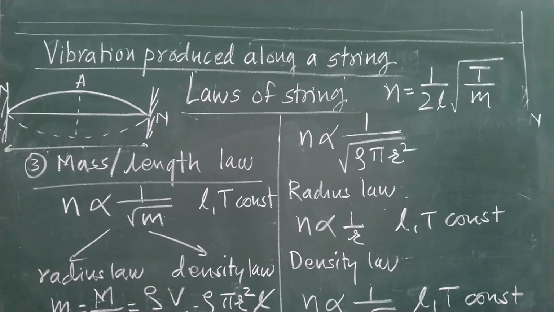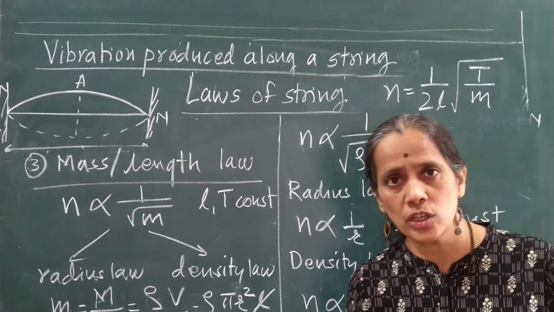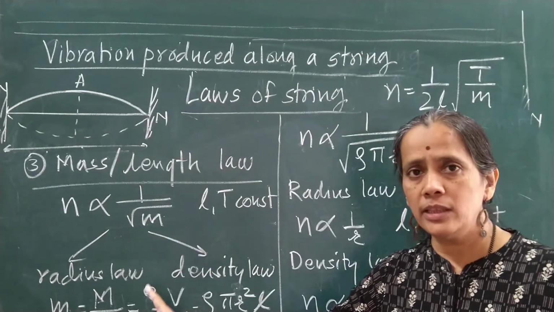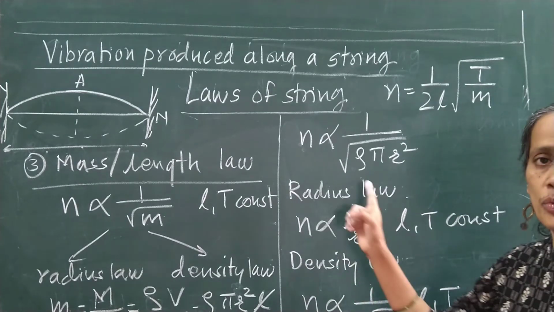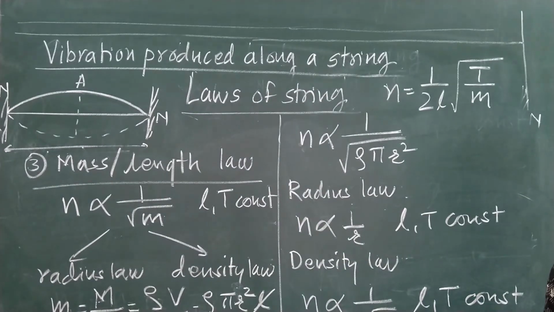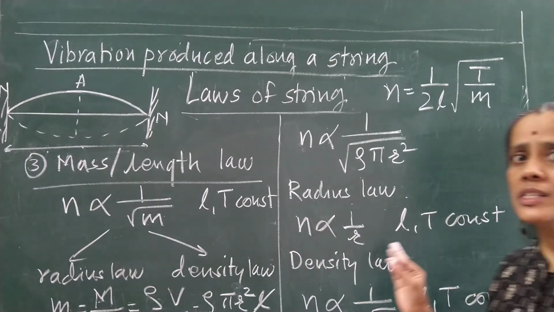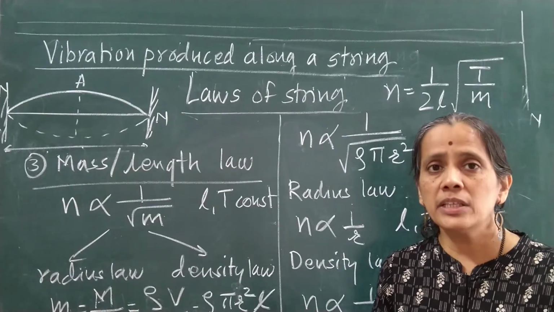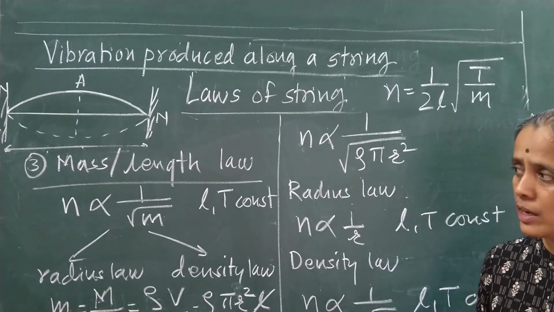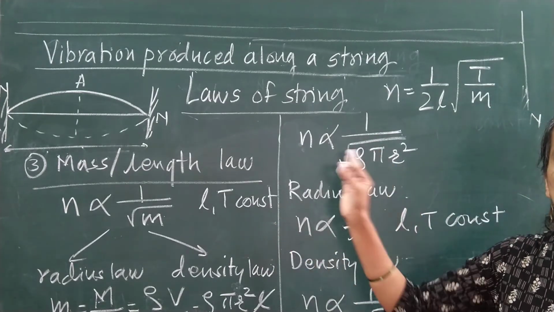So mainly there are three laws: length law, tension law and mass per unit length law. But the mass per unit length law we can again bifurcate into two, that is the radius law and the density law. So the theoretical question is about the statement, but a number of MCQ questions and very short answer questions will come based on this.